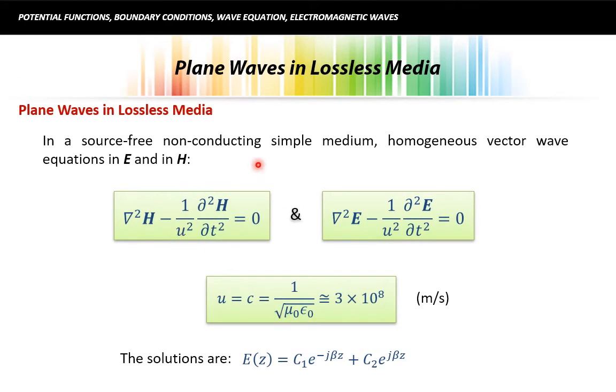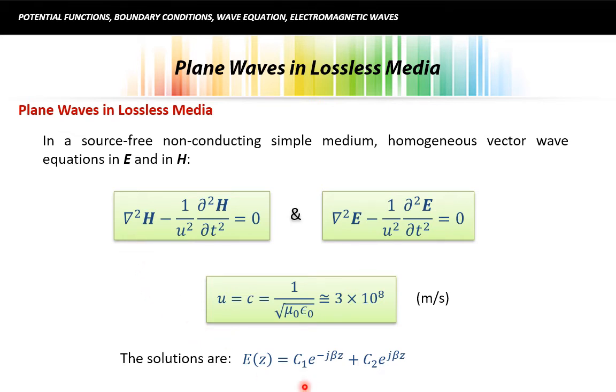In a source-free, non-conducting, simple medium, homogeneous vector wave equations in E and H are of this form. Here u represents c, the speed of light, which is approximately equal to 3 times 10 to the 8 meters per second.